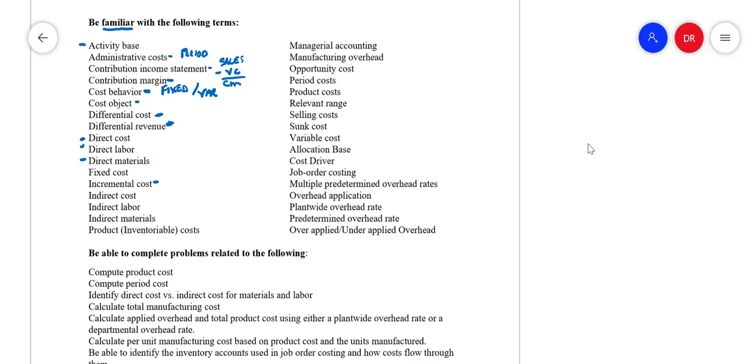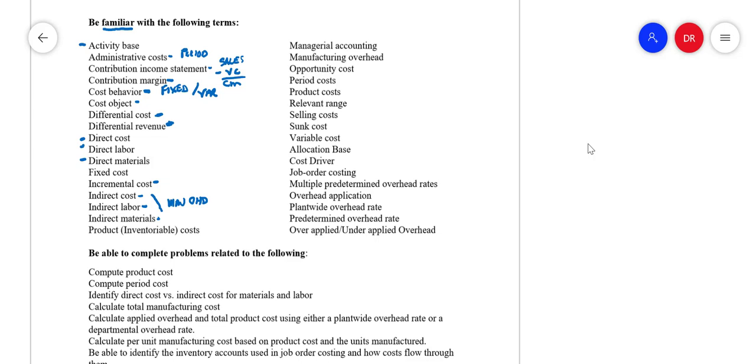Incremental cost, this is what I was talking about with differential. The incremental cost is the cost that it takes to make one more item, one more product. Indirect labor and indirect materials, these are the components of manufacturing overhead. Just know that these indirect costs cannot be assigned directly to a product, that these are going to be placed in overhead and allocated.